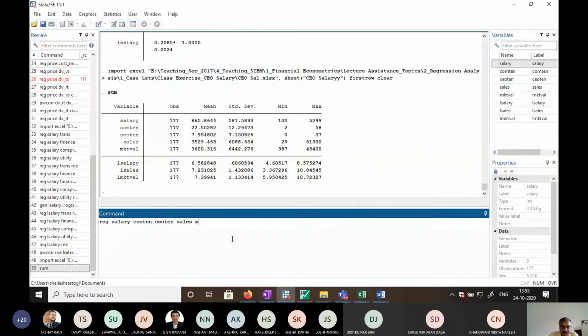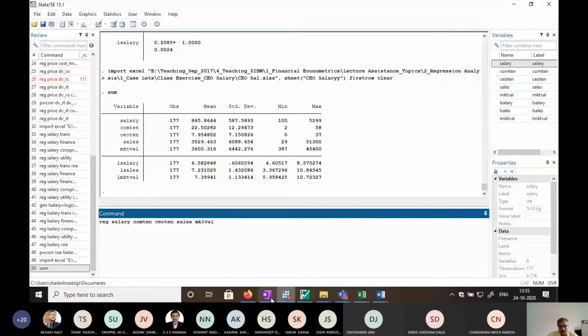Then we can have MKT value, and here we go. We are having everything ready. These are the four independent variables we have taken, and this is the dependent variable.